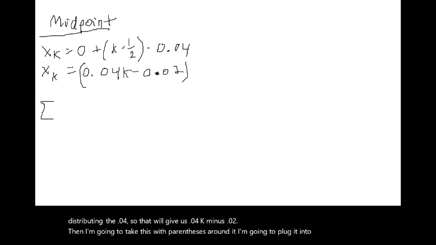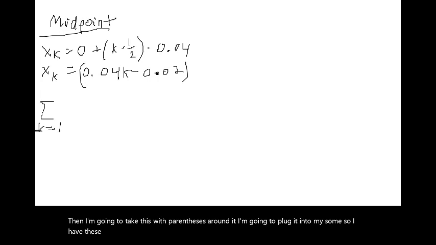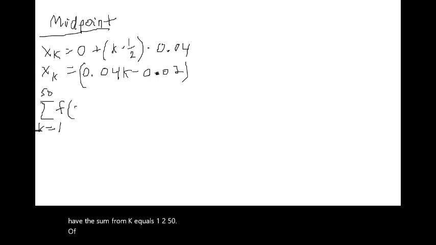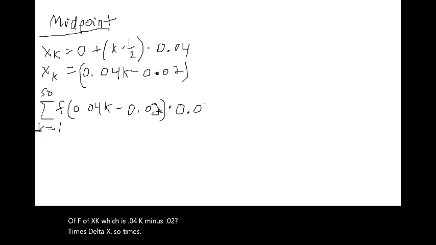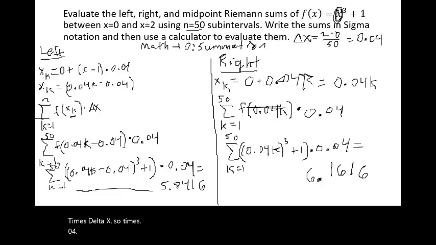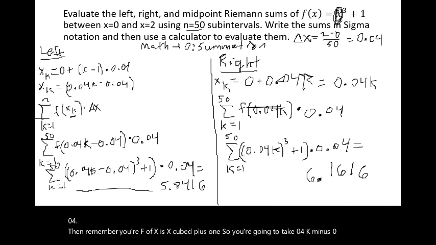So I have the sum from k equals 1 to 50 of f of xk, which is 0.04k minus 0.02, times delta x, so times 0.04. Then remember your f of x is x cubed plus 1, so you're going to take 0.04k minus 0.02, and you're going to plug it right in for that x there.